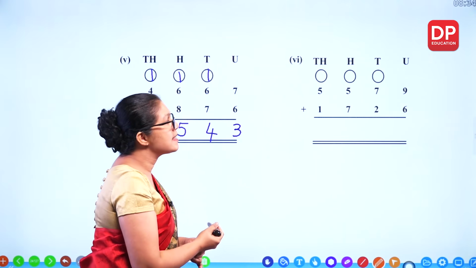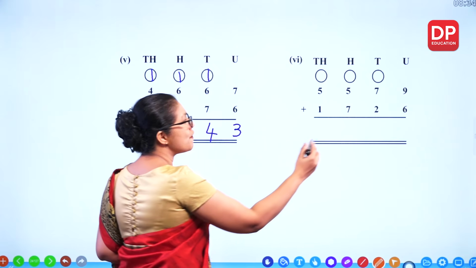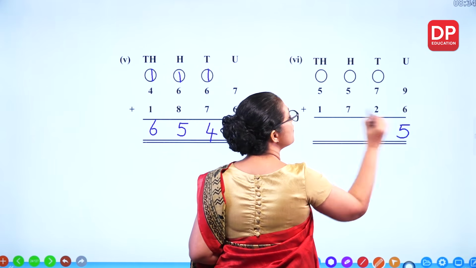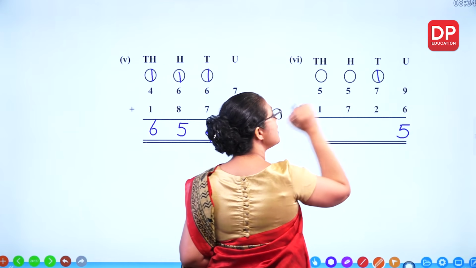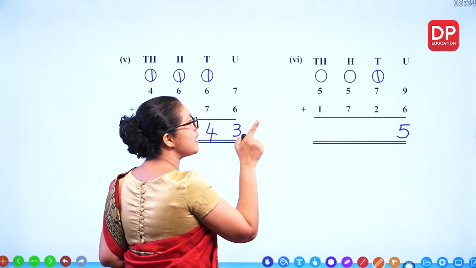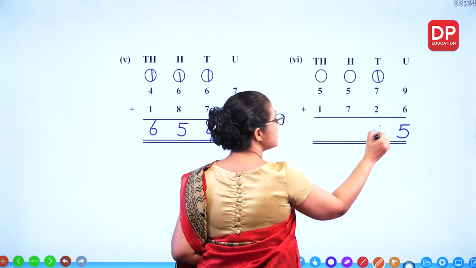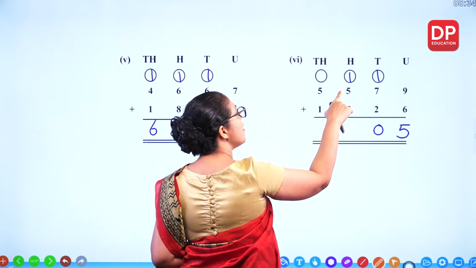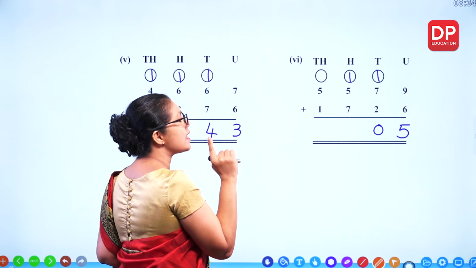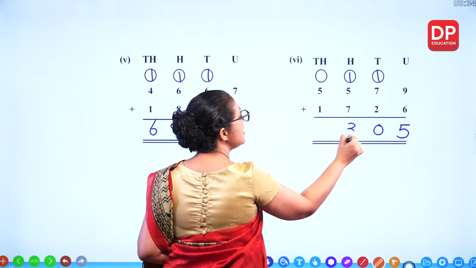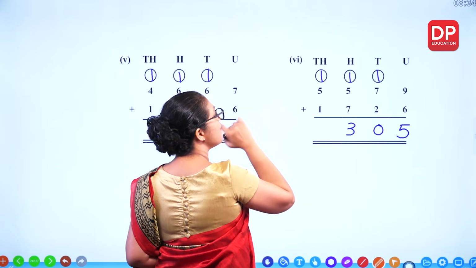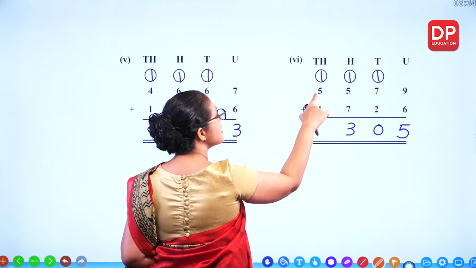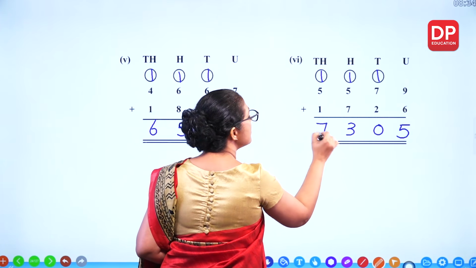Now you get 9 plus 6, 15. So you write 5 there. Take 1 to the next level. 7 plus 1, 8. 8 plus 2, 10. And take 1 there. 5 plus 1, 6. 6 plus 7, 13. And take 1 to the next level. 5 plus 1, 6. 6 plus 1, you get 7.